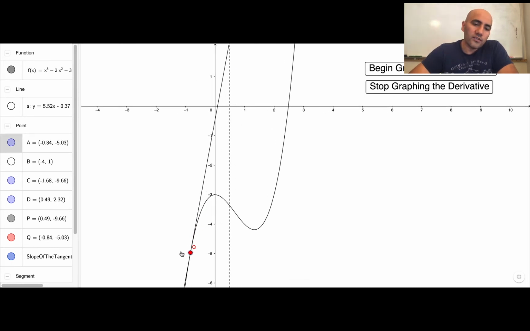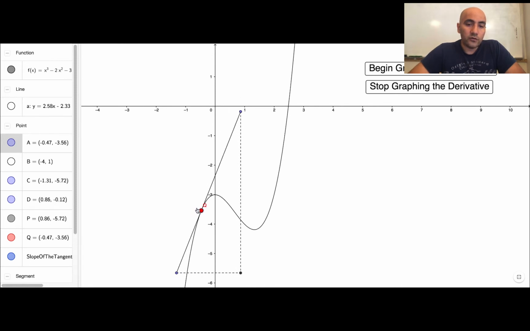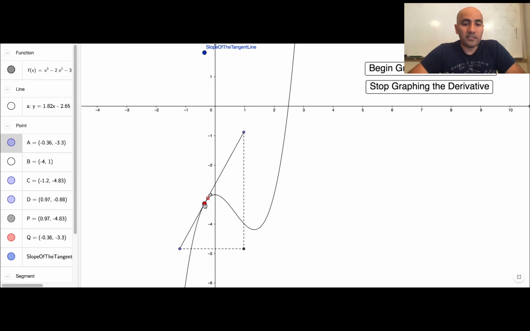Okay, so starting here, we can see that over here, the derivative is going to be a large positive number. The actual value of the function is negative at this point here, but the slope is positive. It's a big positive slope. And as we get closer and closer to the y-intercept point here at (0, -3), which we found, we see that the slope is still positive, but getting smaller and smaller until we get to there.